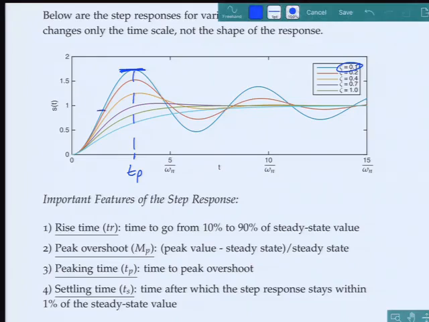You want to know the time way out here when you are really within plus or minus 1% of the final value. And you never leave it once you're in there. Okay, you're interested in that point. So that's called the settling time. By that time, for all intents and purposes, you're at your destination and you're not going to go far from it. Okay? So how do we derive these things?